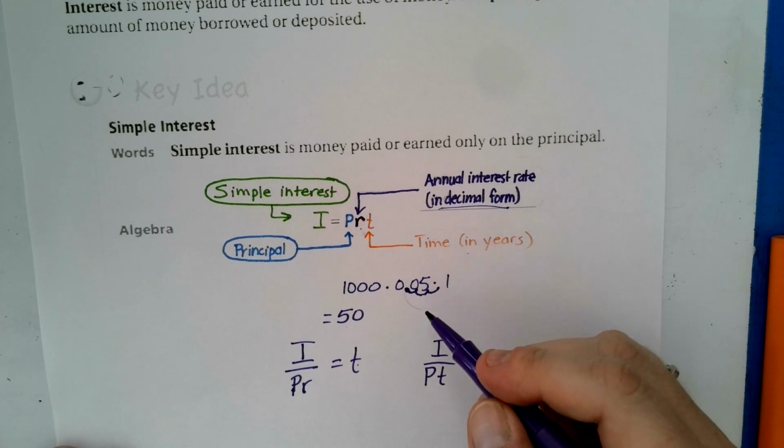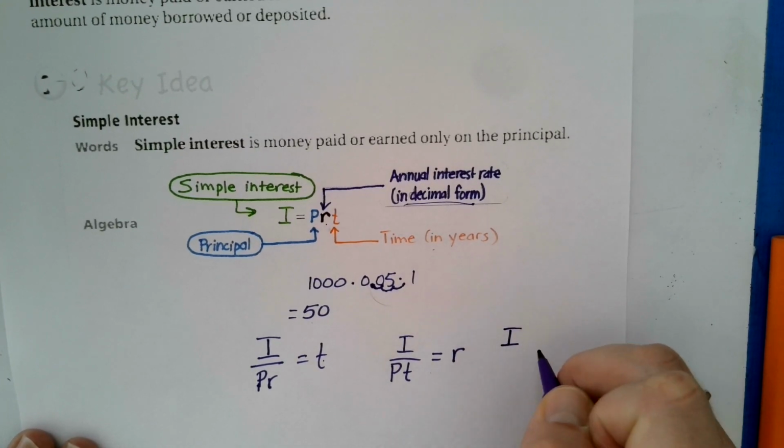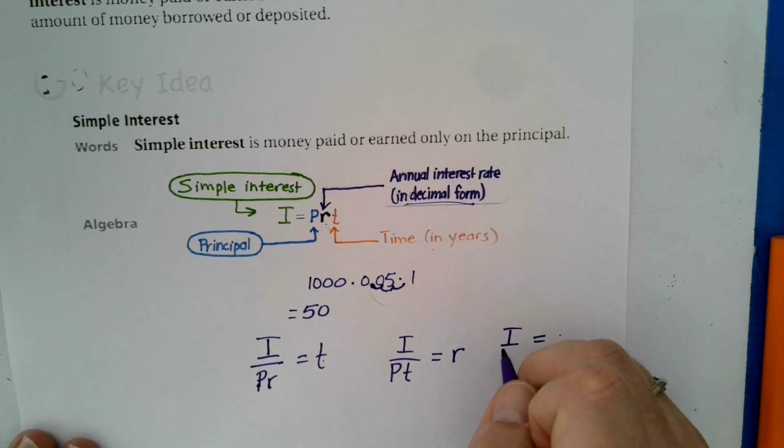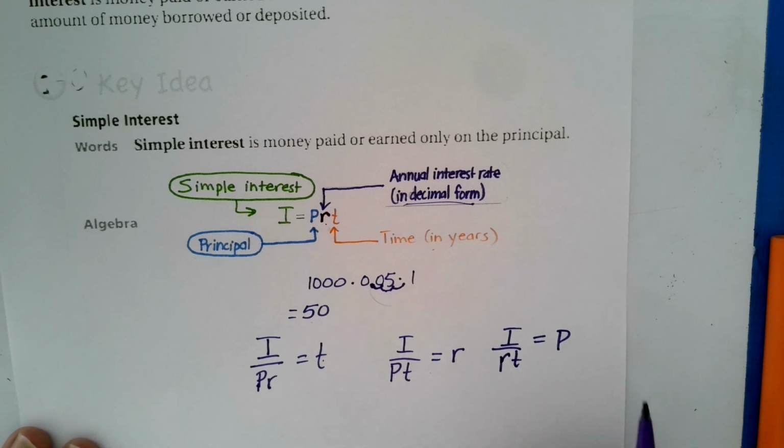Okay? And finally, we're going to solve it for the P. So we're going to say I divided by R T equals P. Okay, so we've just rewritten our formula so that you can solve for T, you could solve for R, and you could solve for P.